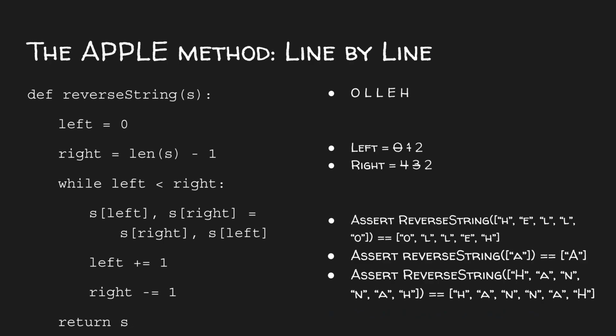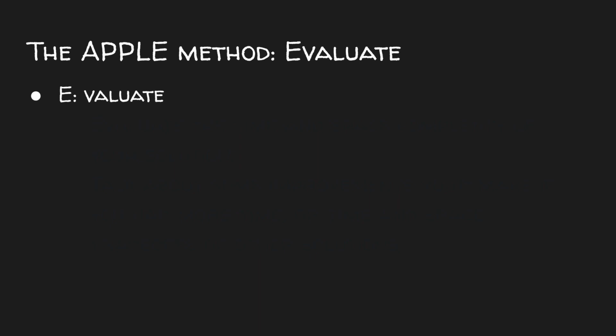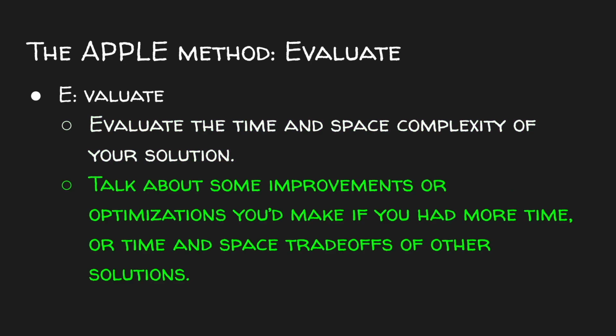Finally, the E stands for evaluate. Evaluate the time and space complexity of your solution using Big O analysis. Talk about some improvements you'd make if you had more time, and discuss some time and space trade-offs of other potential solutions that you didn't implement this time.